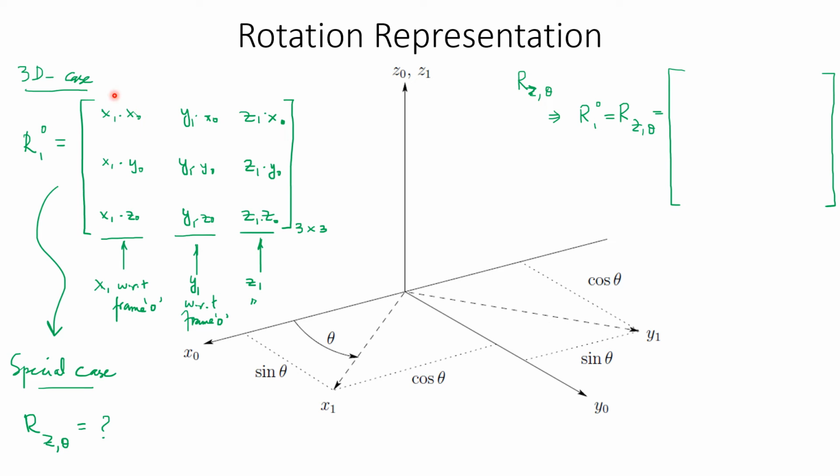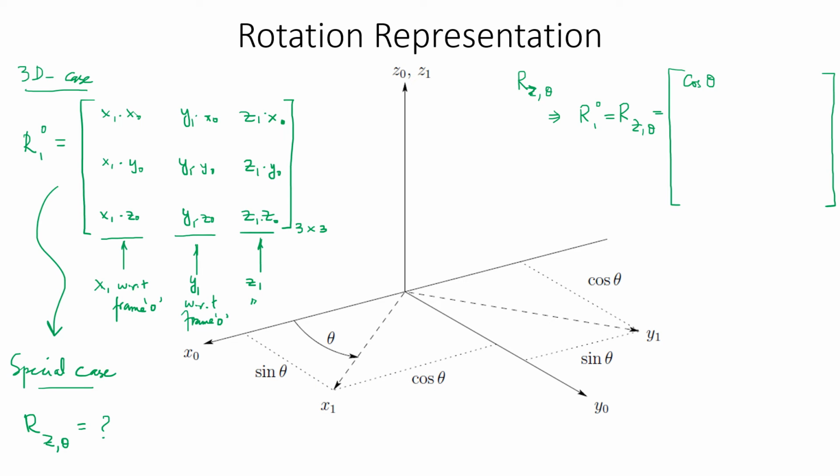So the very first thing is x1 dot x naught. This is indicating how x1 axis is rotated with respect to x naught. So the projection on the x naught axis of this unit vector x1 is obviously cos of theta. So this is going to be cos of theta. Similarly, you have the other element x1 dot y naught, which means how x1 is oriented along the y naught axis, so that is obviously sine of theta.